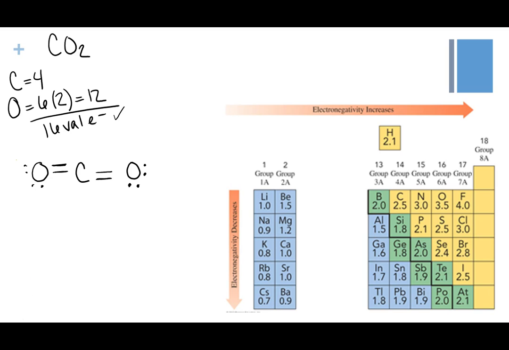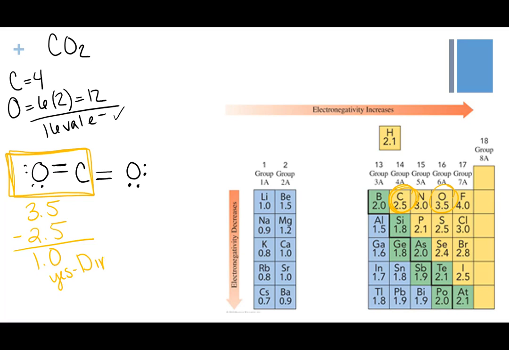I'm going to isolate one of these bonds and determine, is there a dipole moment there? The electronegativity for oxygen is 3.5 minus the electronegativity for carbon, which is 2.5. So the electronegativity difference is 1.0, and yes, there is a dipole moment.